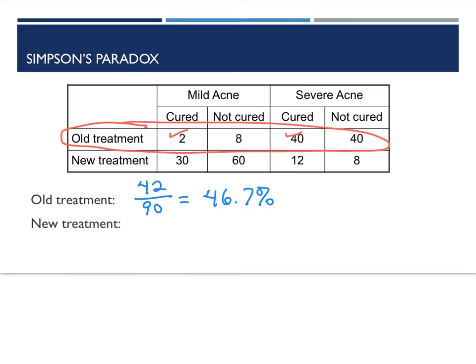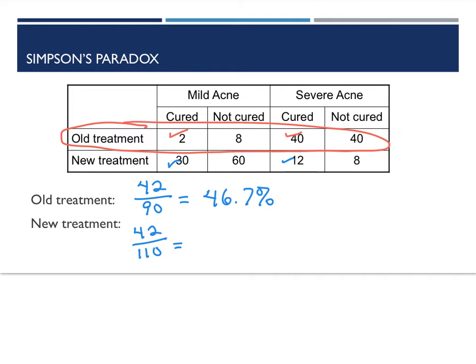So let's look at the new treatment. The new treatment, 30 were cured and 12 were cured. That's another 42. But how many people total took the new treatment? 20, 90, 110.